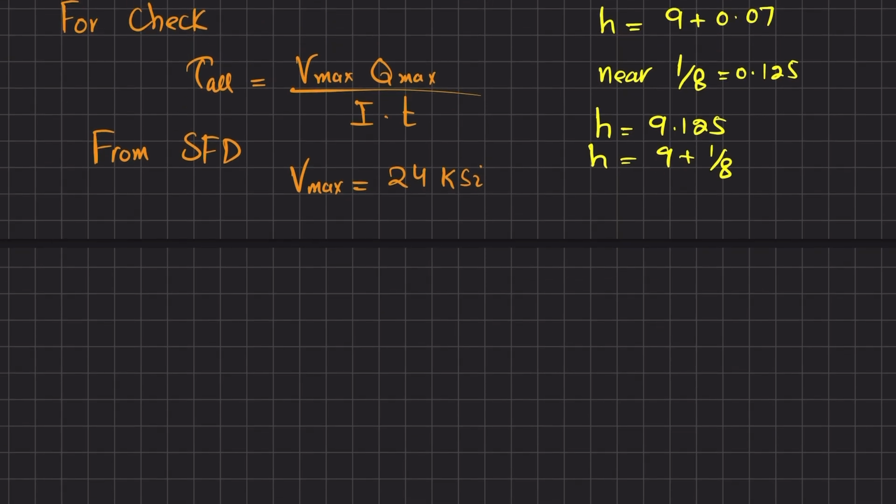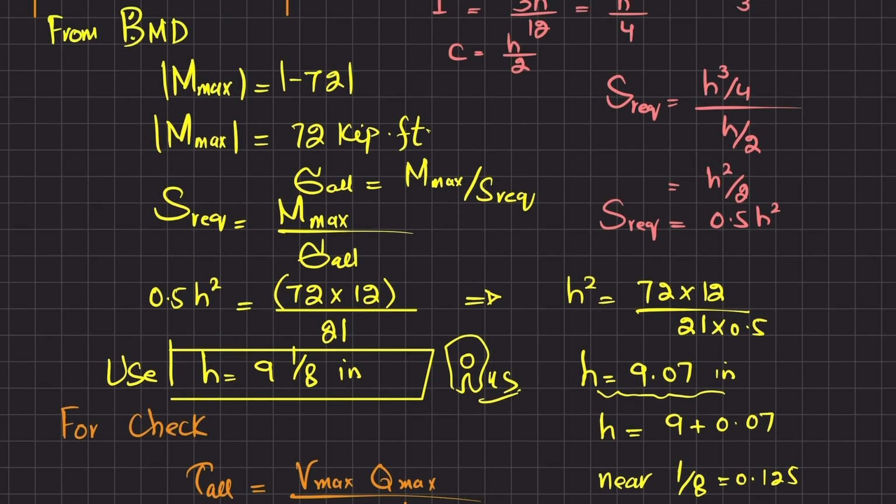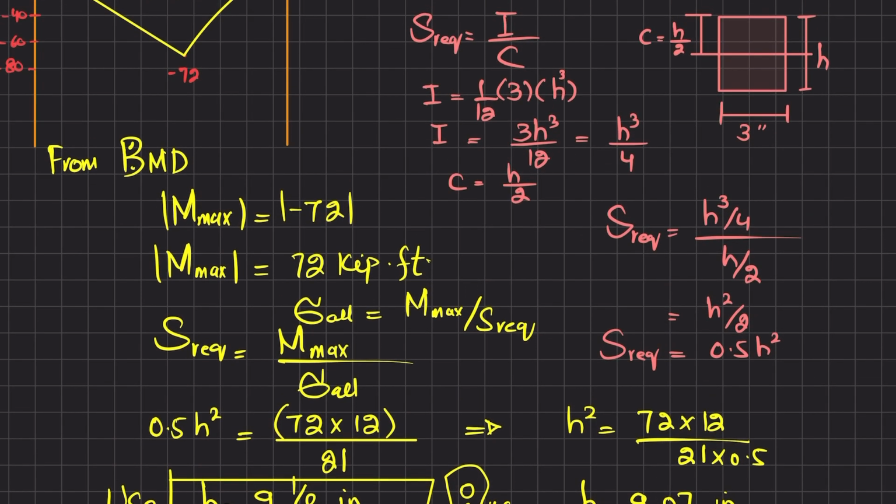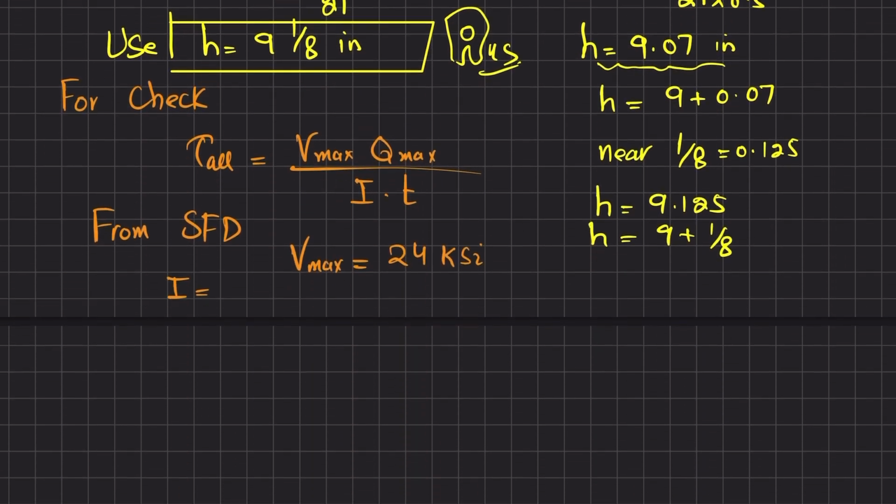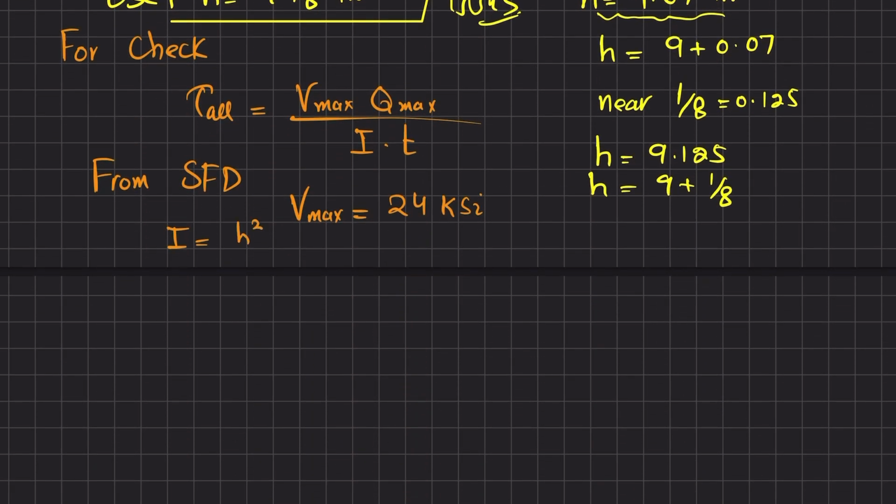And I is again equal to, which we have calculated over here, I was h cube over 4. So h cube over 4, and h is 9.125 inch. Clear? Cube divided by 4. Clear?